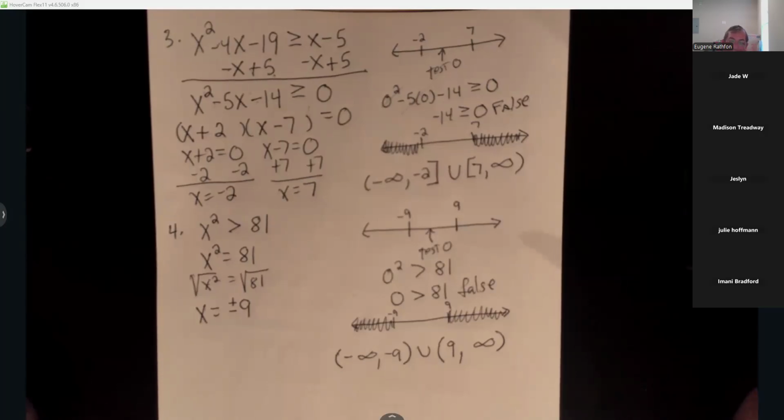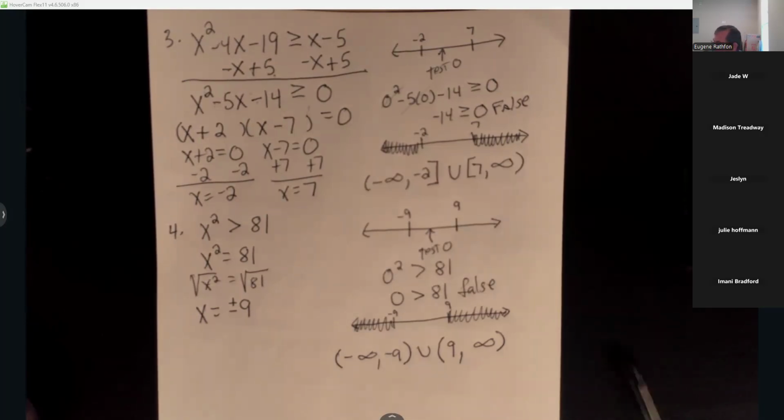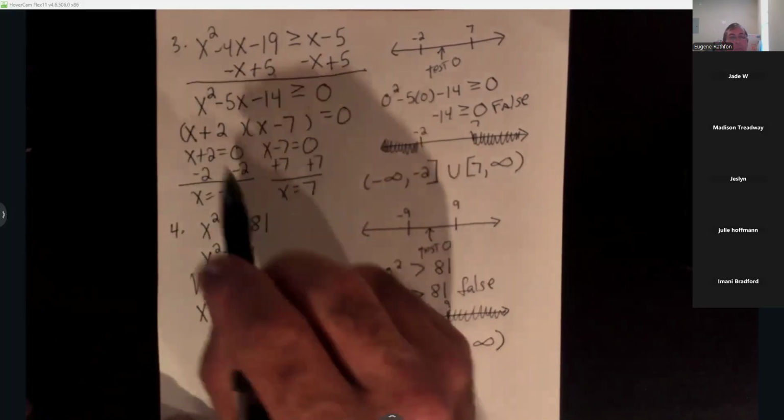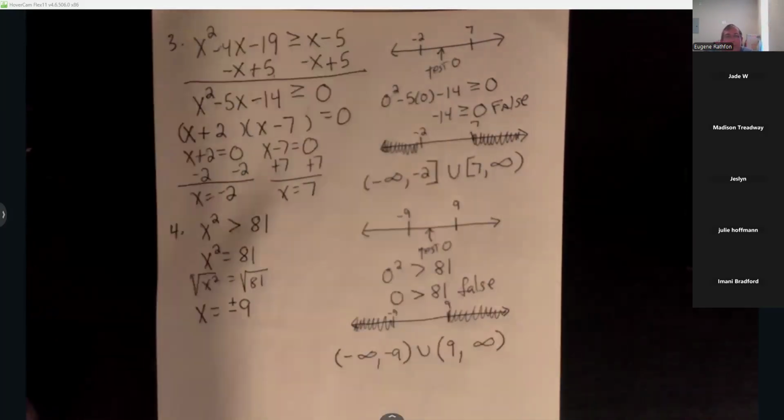Okay, y'all, I'll let y'all catch up on that. And I'll tell you the truth. Remember, when these x squareds are positive, you got minimums, so it looks like a U shape.